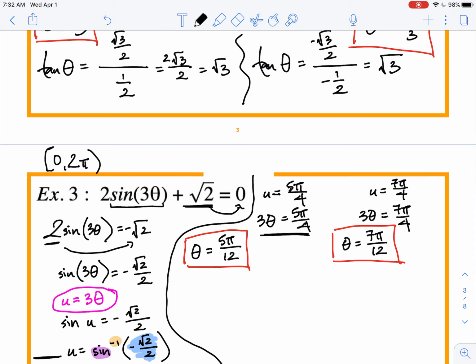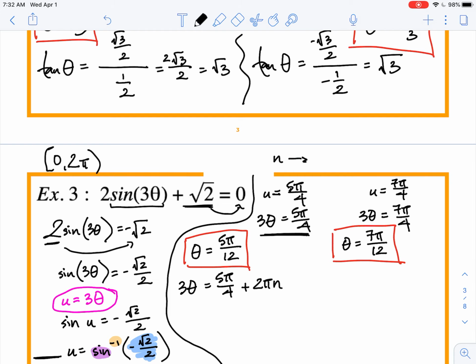And so what I'm going to do is go back to this statement right here, and I'm going to add on something else to it. So 3 theta equals 5 pi over 4 plus, I know that the period of sine is 2 pi, so I'm going to add the 2 pi, and I'm going to write a letter n here.